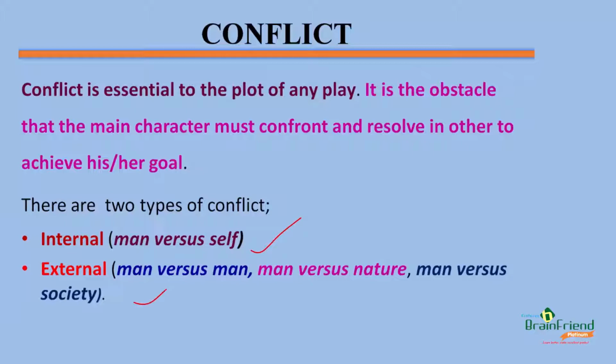Internal conflict is the conflict that happens in the mind of a character, which is man versus self. External conflict happens outside of a character, which includes man versus man, man versus nature, and man versus society.